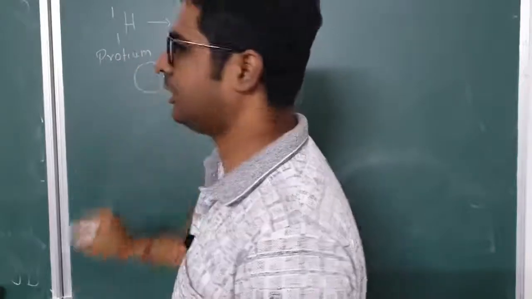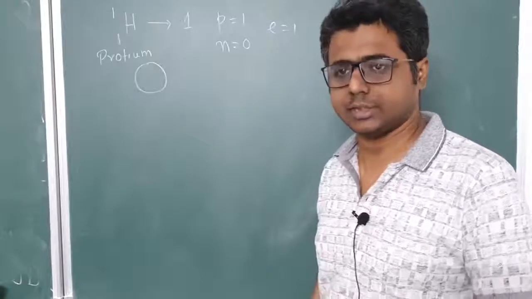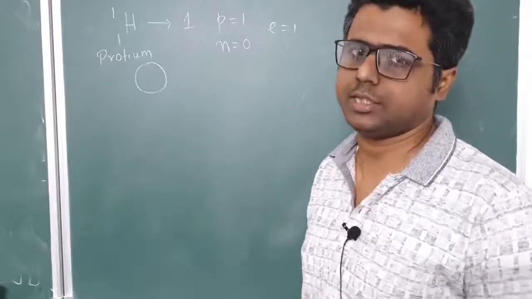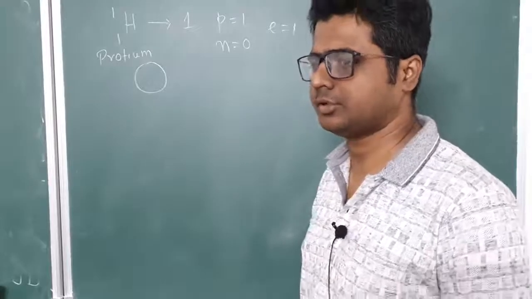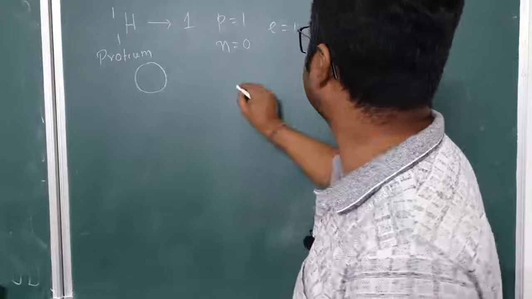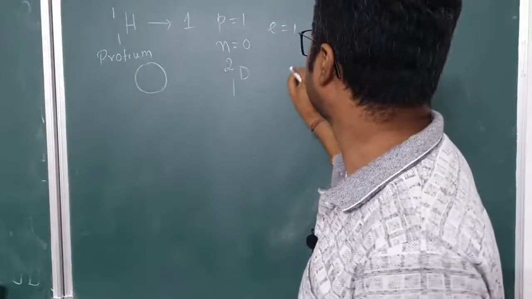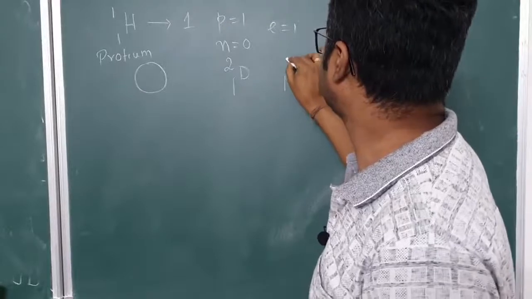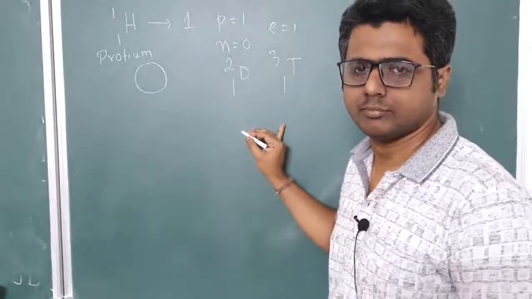So there are another 2 naturally occurring isotopes of hydrogen, naturally occurring, okay? Artificially there are 7 isotopes of hydrogen, but the naturally occurring number of isotopes of hydrogen is 3. So one is protium, another 2 are deuterium and tritium, okay?